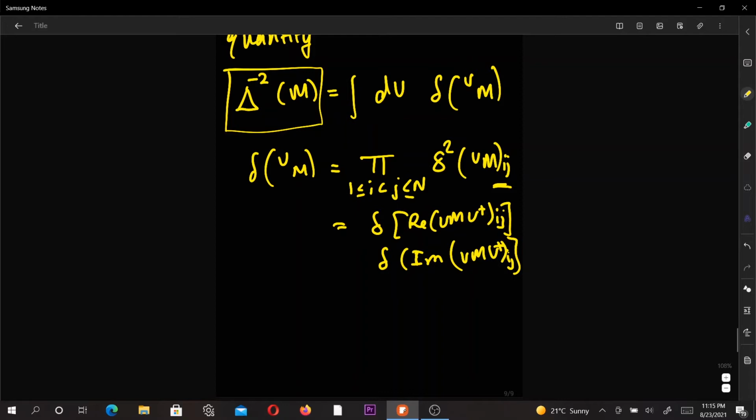That is, you get rid of the off-diagonal elements, because when you do a unitary transformation, you are basically diagonalizing your matrix. So we don't need the off-diagonal terms. This function does this job for us, and ensures that all the off-diagonal elements are killed.